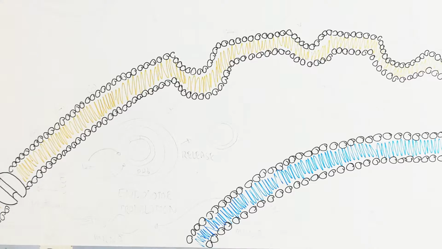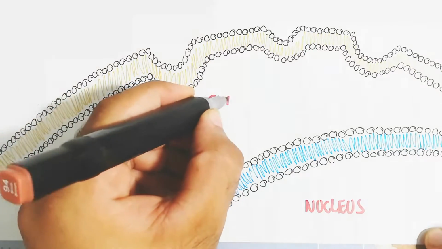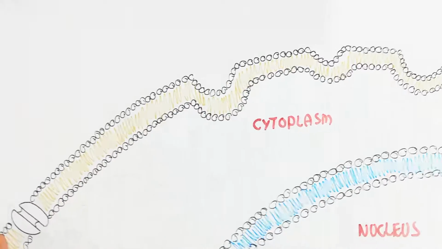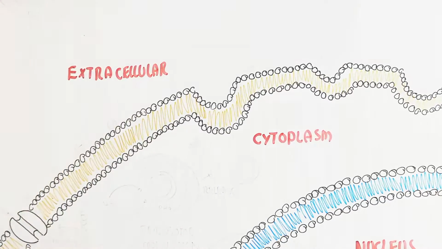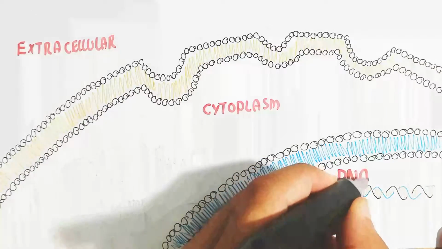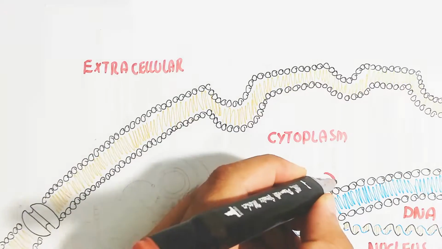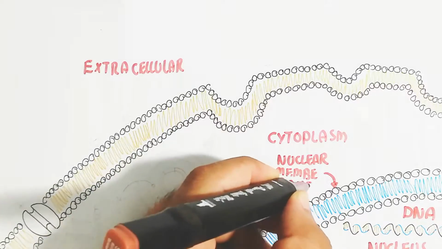So let's begin to understand the transfection method. This is the nucleus. The nucleus contains DNA, the genetic material, while here is the cytoplasm. Remember, this is the extracellular space, and the plasma membrane and nuclear membrane are present here. The blue color lining shows the nuclear membrane, while the plasma membrane is present on the outer side.